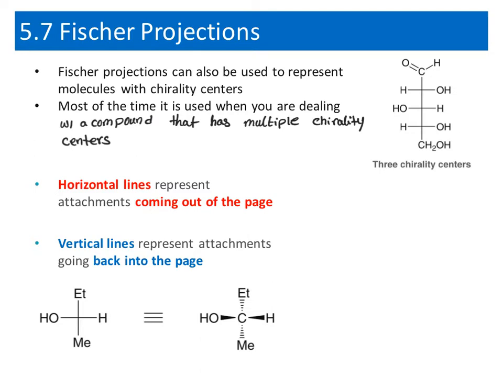In the Fischer projection, each intersection is a chirality center. There is a carbon here that is connected to 4 different groups, so it's a chirality center. Let's make a note of that.